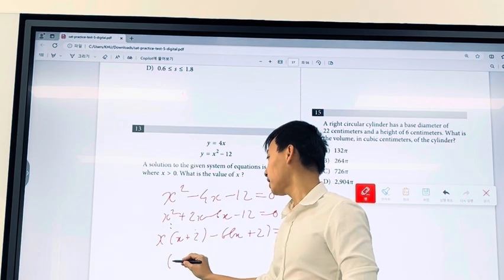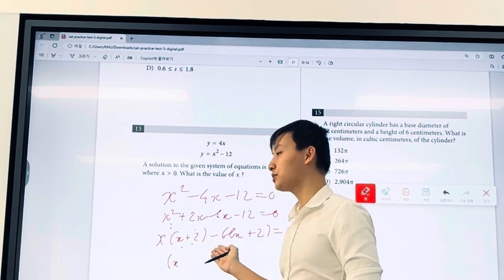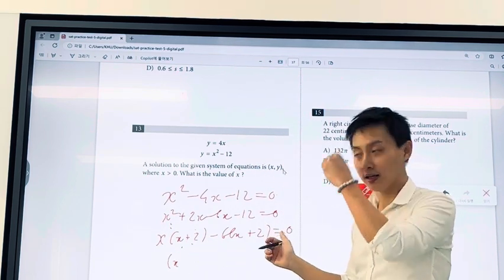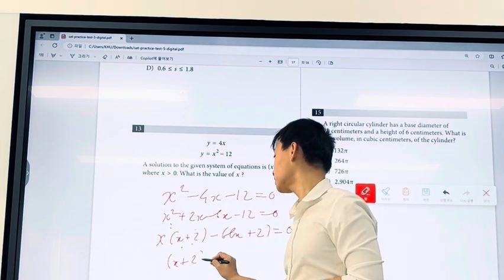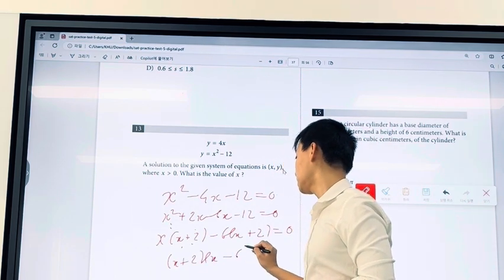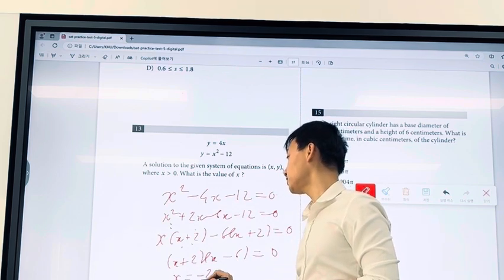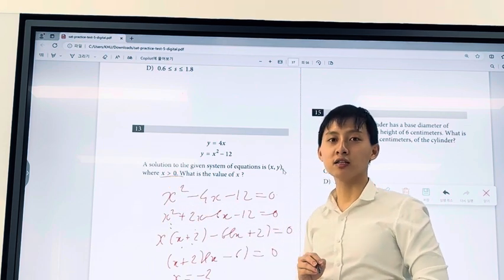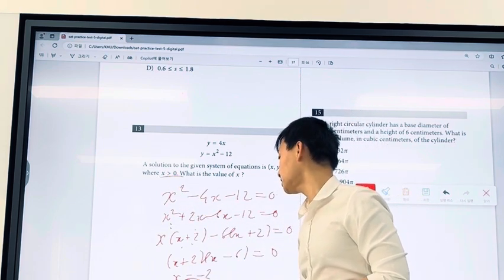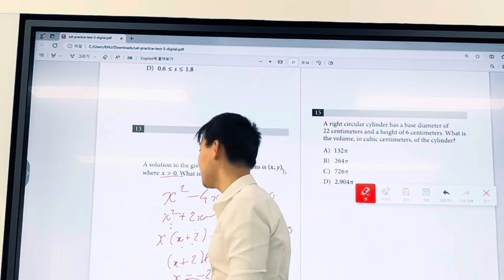And next, I can see x plus 2 is the common factor, right? It's going to be x plus 2 times x minus 6 equal to 0. So the answer is x equals negative 2 or x equals 6, and because we need the value greater than 0, we choose the answer 6, right?